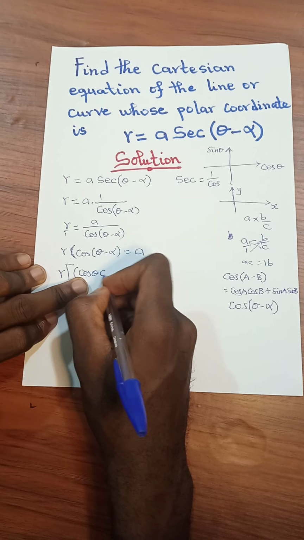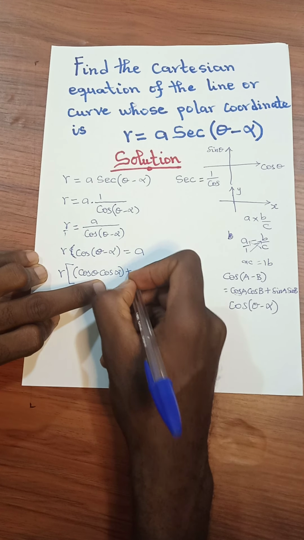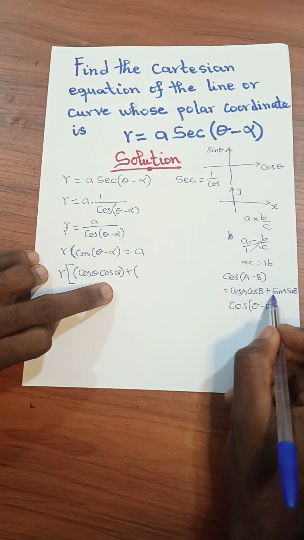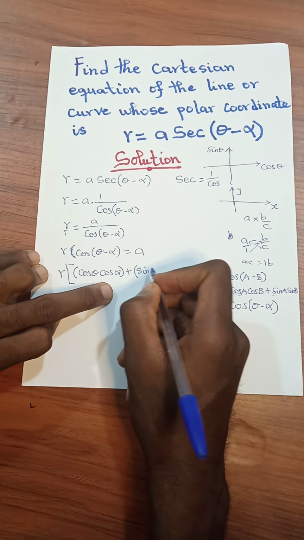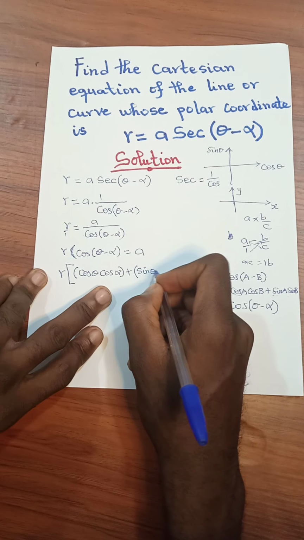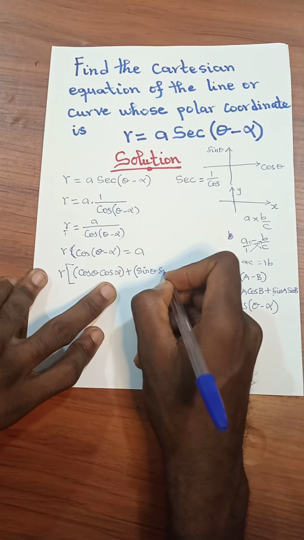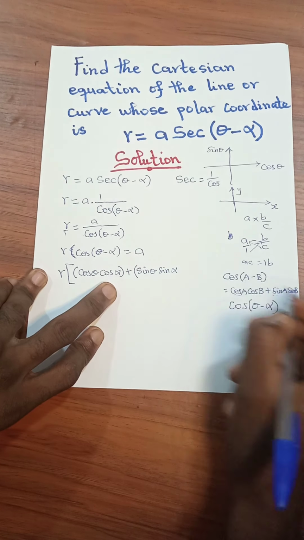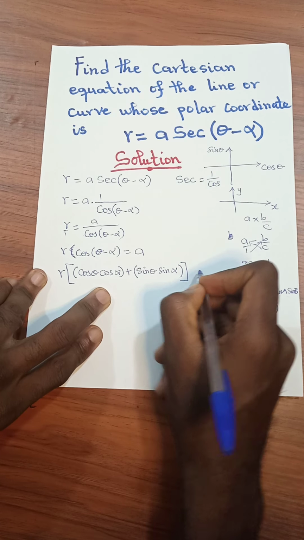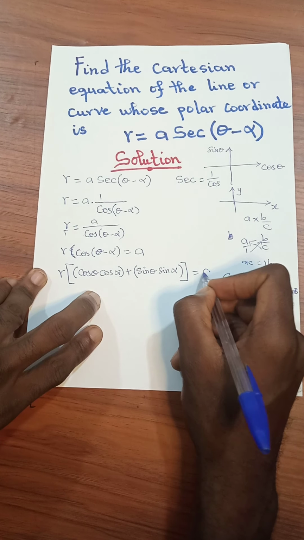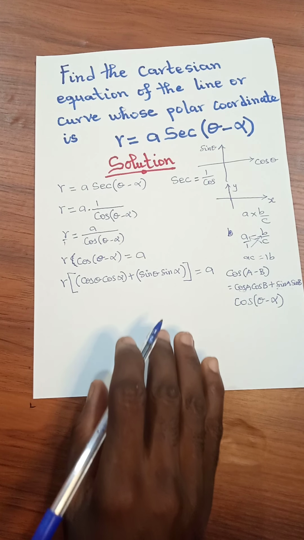Cos theta cos alpha plus, into bracket, sine theta sine alpha, just like here. And so we are saying that this is equal to a. So what do we do from here?